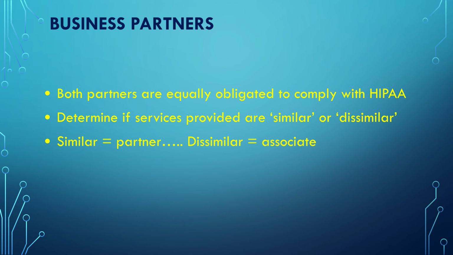So, the biggest thing about business partners that I want you to understand is the difference between a business partner and a business associate. A business partner is another outside business that has a relationship with this organization and they provide the same things, okay? So you'd say, why would I get involved with another company that does the same thing? Well, most often it's to have another location in a different part of town.